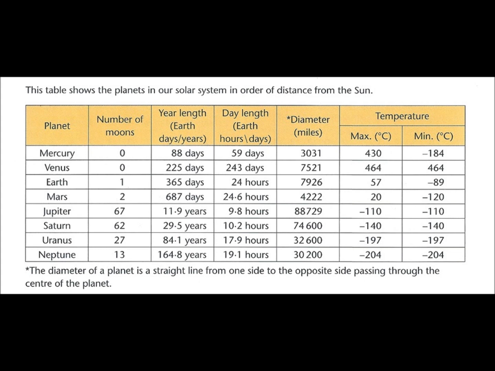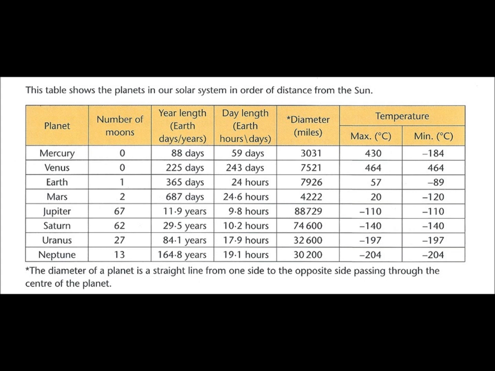Because we've got positive figures and negative figures, that makes it a little bit more difficult. When we're looking at negative numbers, the larger the number, the colder the temperature. So you can see at the top we've got minus 184 degrees, that's very cold. We've got 464 degrees, that's very hot indeed.